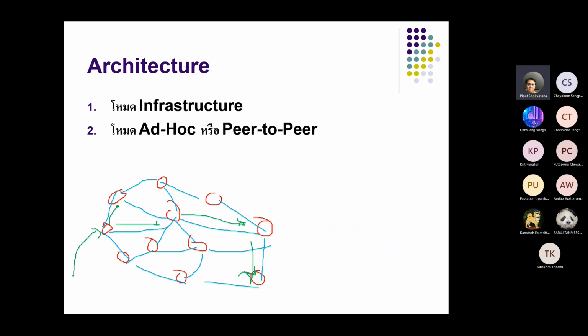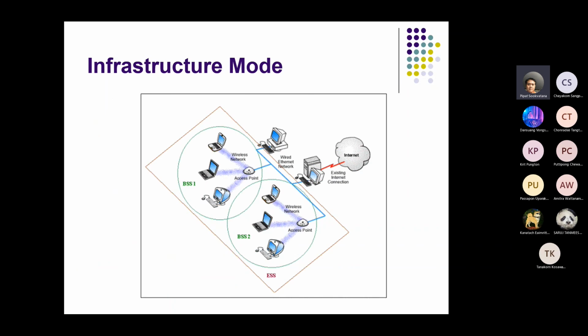Okay, let's have a look. In infrastructure mode, you can see that you have the access point, and the access point has to connect back to the main infrastructure on the landline. Inside one access point in infrastructure mode, we call it the BSS, the Basic Service Set. You are familiar with the SSID.